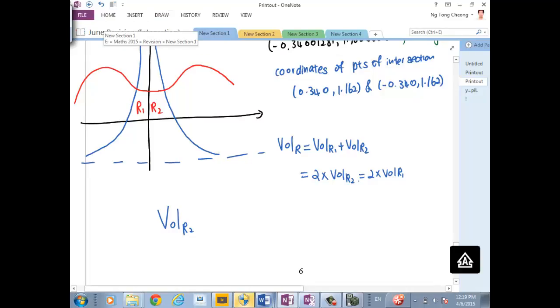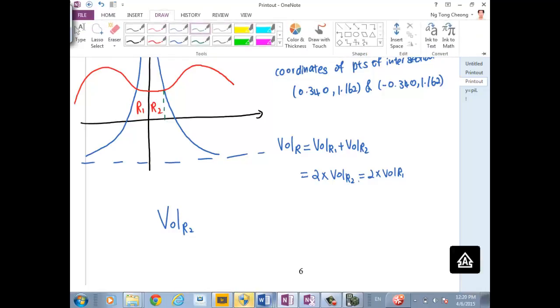First, remember just now when I went through question 9, I said that before I do anything, I always look at the intersection, then I draw a line down. If I draw a line down, I realize that my R2 is split into 2 parts: one bounded by the red curve, and one bounded by the blue curve.